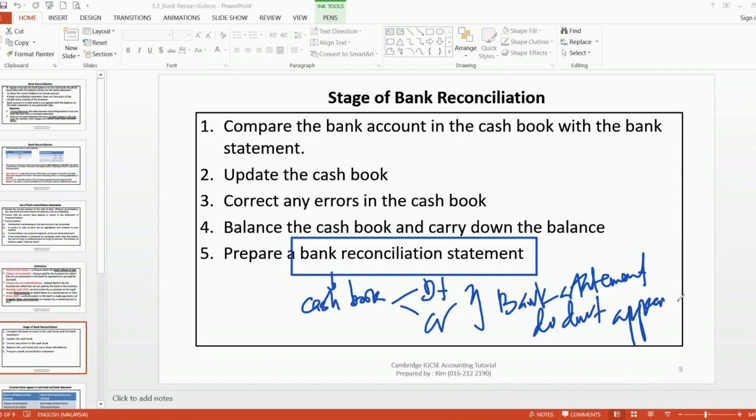There is an item we need to put into the bank reconciliation statement, which is taken from the cash book. Unless there is an error by the bank, then you also have to put it into the bank reconciliation statement. Okay, let's continue.